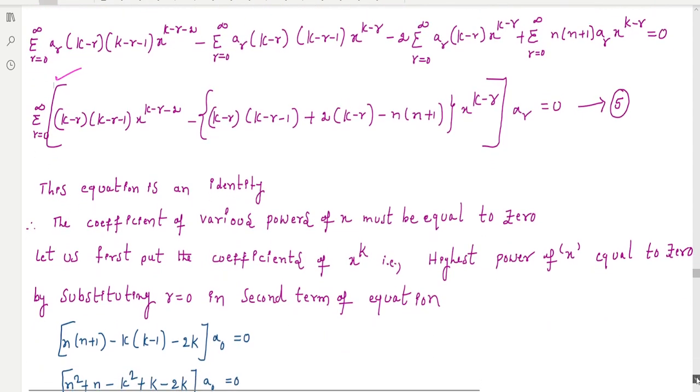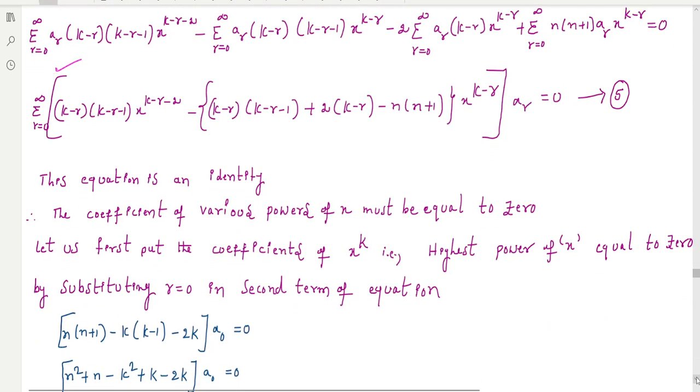First I'm going to compare x power k. If you put r equal to 0 in this equation, you will get only the x power k term. If you put r equal to 0 here, we will get x power k minus 2, but I want only the x power k coefficients.